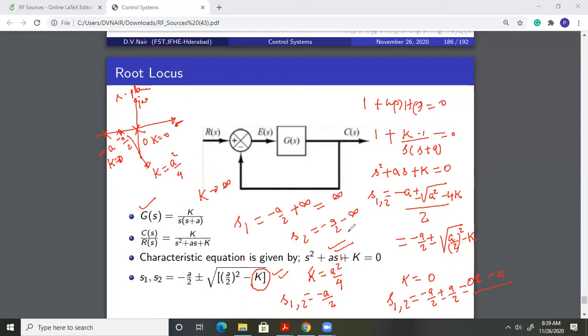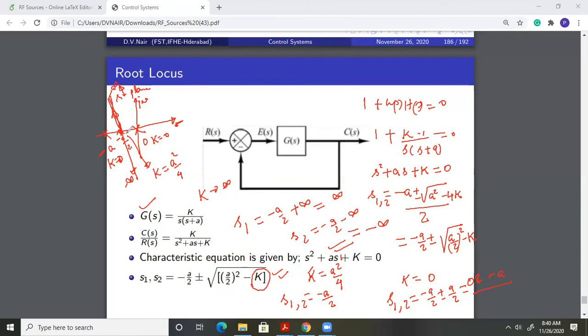When I am considering the minus sign, it will be minus infinity, and minus infinity summed with any quantity will be minus infinity. So another root is moving towards minus infinity. So one root moves towards plus infinity, along a straight line, and another root moves towards minus infinity. This root is moving towards minus infinity, and this root is moving towards plus infinity.